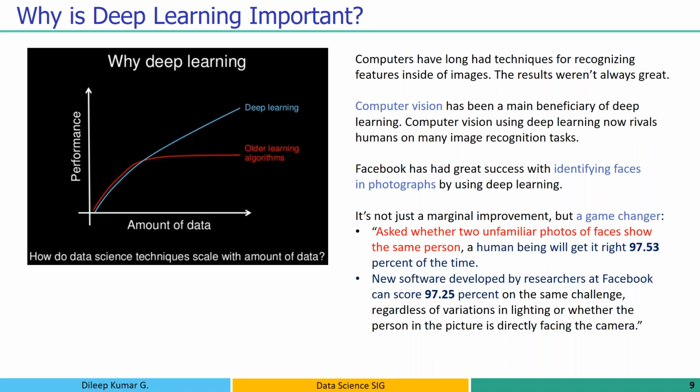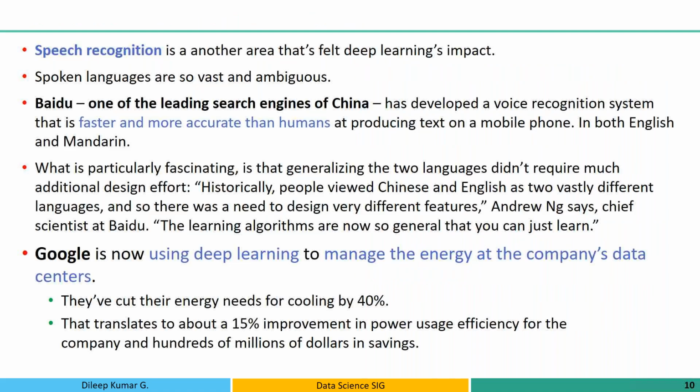When the same task was given to the Facebook software, it was correct 97.25% of the time. So how much is the difference between these two? Very little, just 0.2%. That means machines are becoming as intelligent as humans. That is the technology today.